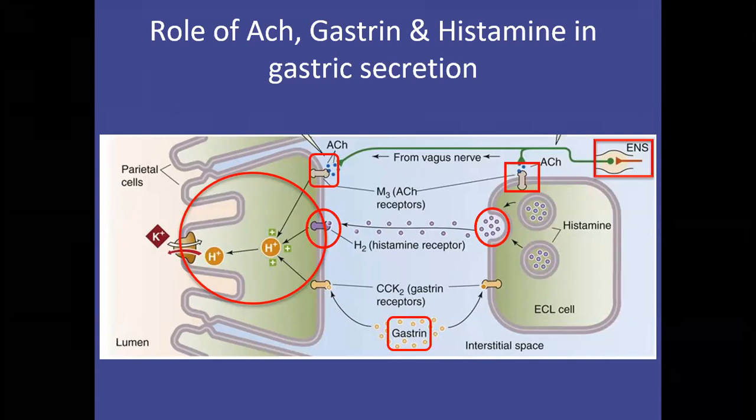Okay, now you can appreciate the targets from here. Since we are now discussing the second strategy, decreasing the acid output from the parietal cells, you need to appreciate where the drugs can possibly act. First of all, muscarinic receptors, histamine receptors, and the final common pathway, which is the proton pump. These can be targeted in order to decrease the secretion of acid from the parietal cells.